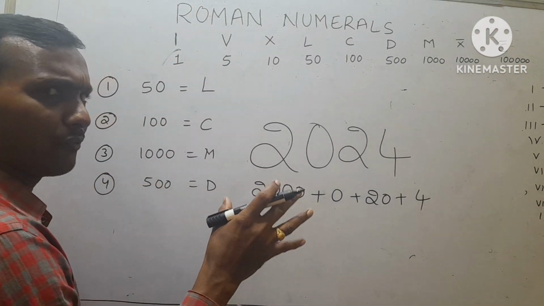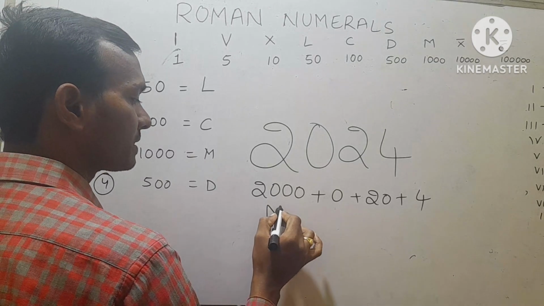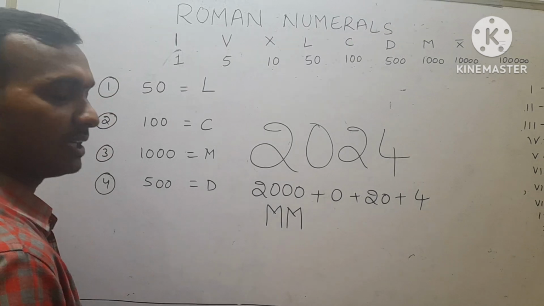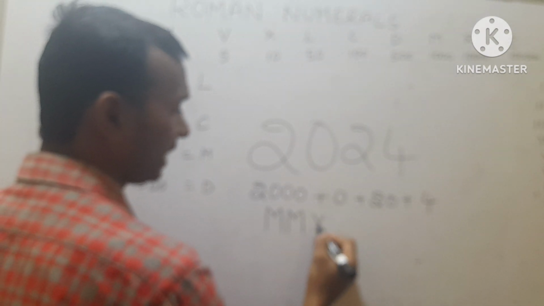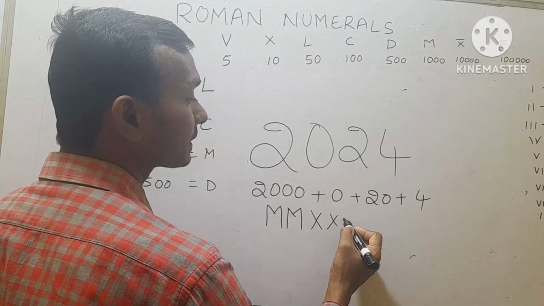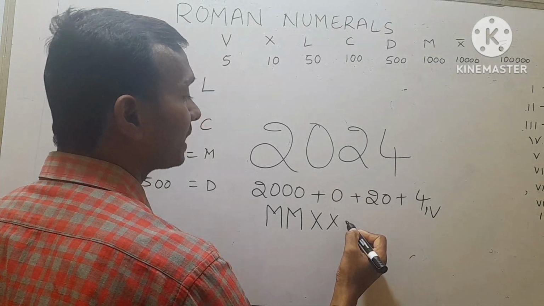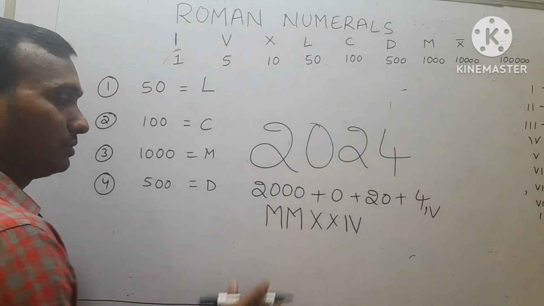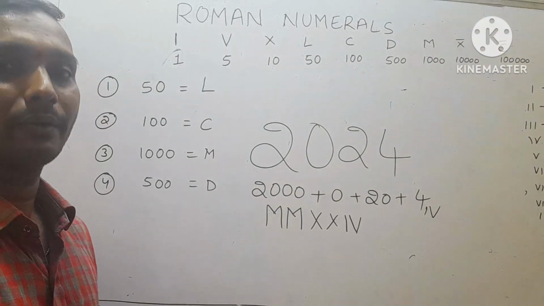So this is the expanded form of the number 2024. 2000 means 1000 plus 1000. That will give you 2000. Next this is 0. 20 is 10 plus 10. And 4 means 5 minus 1. That will give you 4. So this is the way we can represent 2024 in Roman numerals.